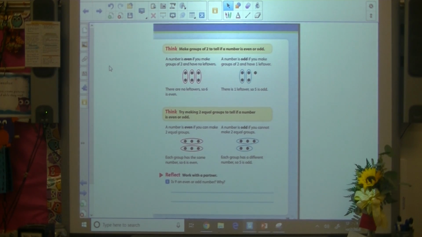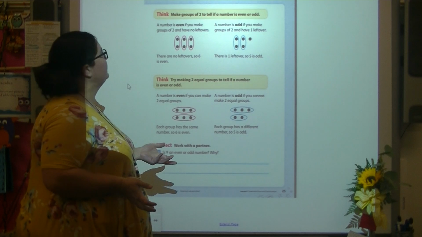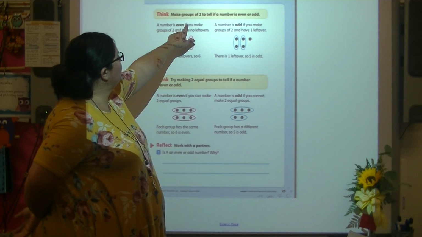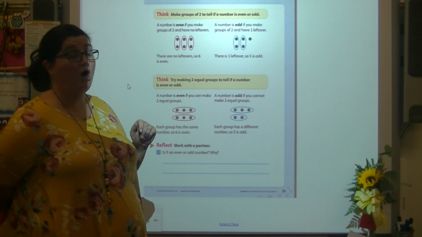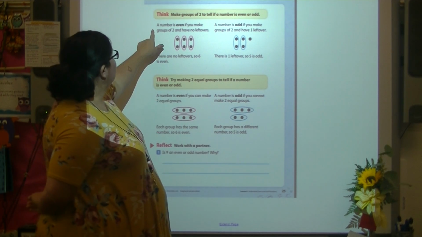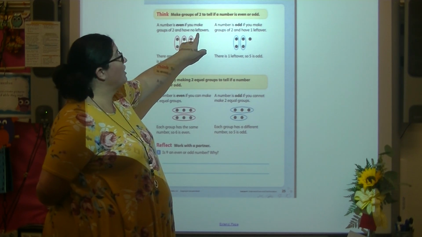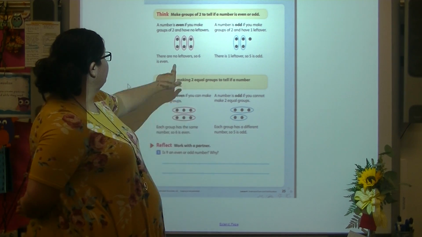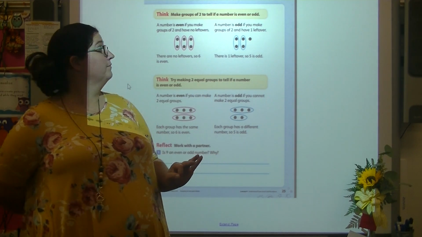All right, turn the page, and let's see what they teach us on this page. It says, think. Make groups of 2 to tell if a number is even or odd. A number is even if you make groups of 2 and have no leftovers. So if everyone has a partner, the number is even.